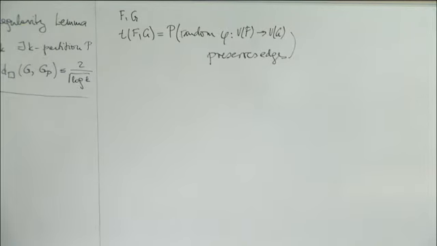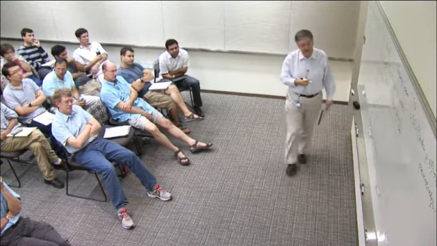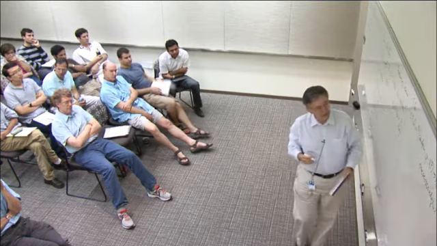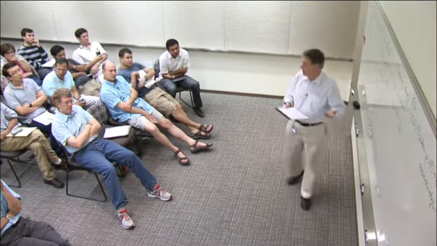In other words, I count the edge-preserving maps, homomorphisms, and divide by the total number of maps, and that's this t(F,G). So it's a number between 0 and 1. It's the density of F in G.